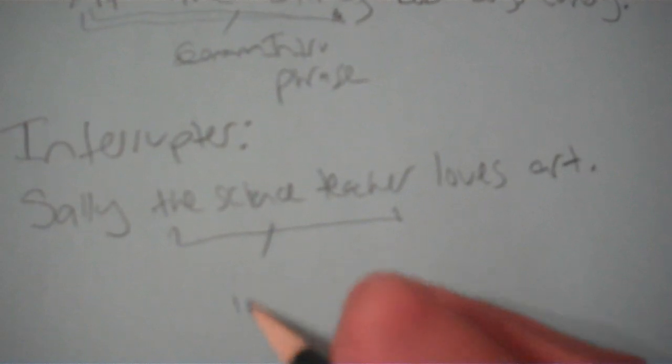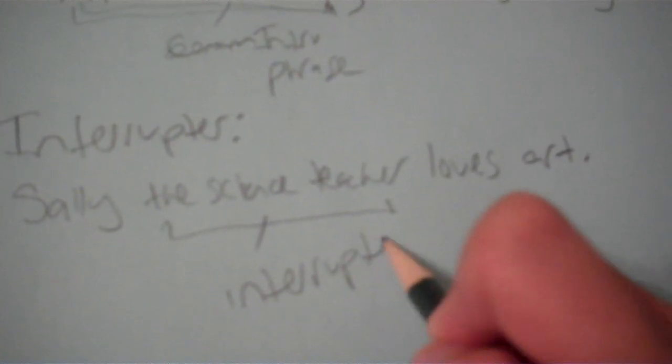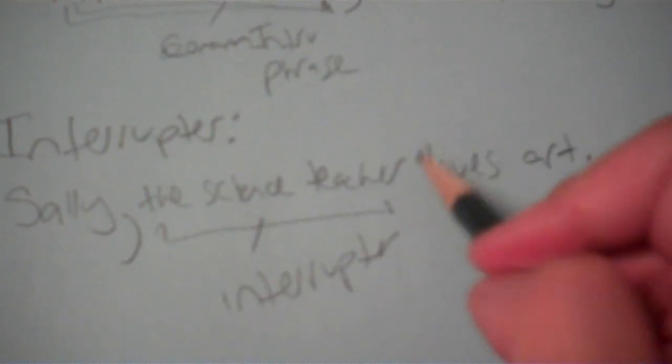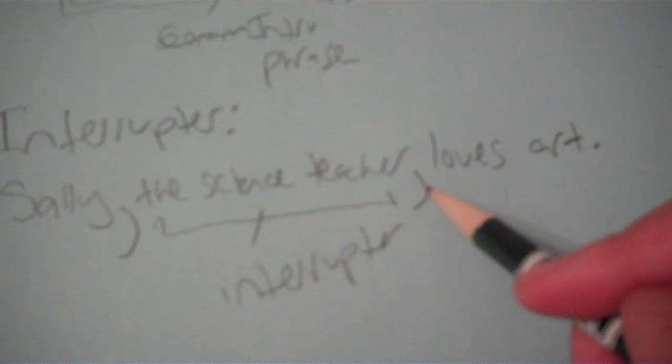So if you look at the science teacher, this is going to be my interrupter. And you know it's an interrupter because if you take the science teacher out of the sentence, it still makes sense. Sally loves art makes perfect sense. So you know you have an interrupter if you can take it out of the sentence and it would still make sense. So whenever you have an interrupter, you need commas surrounding the interrupter.